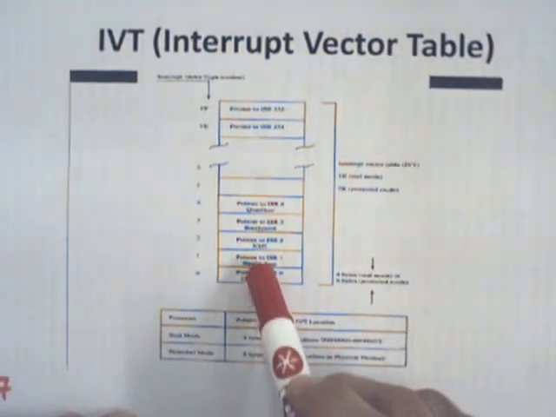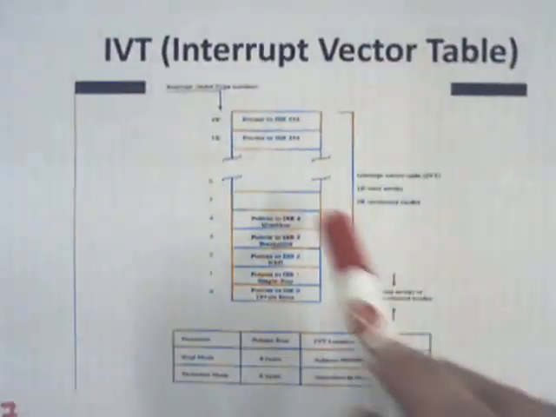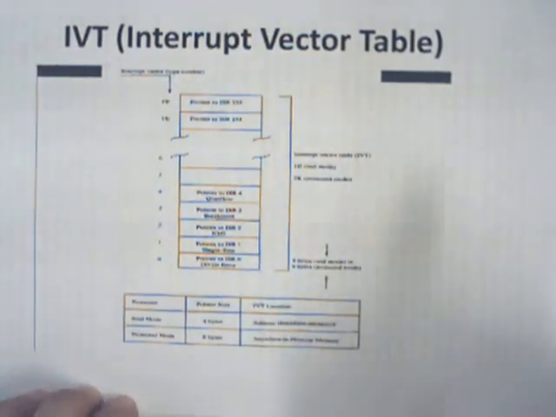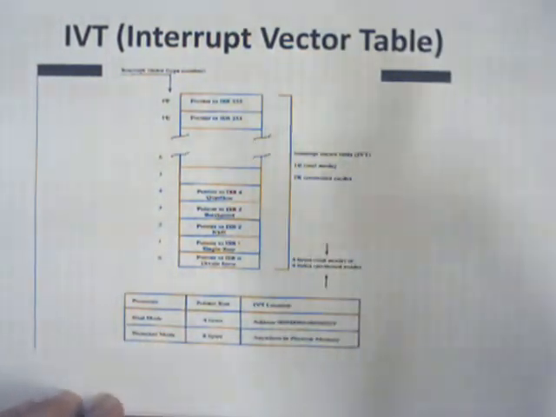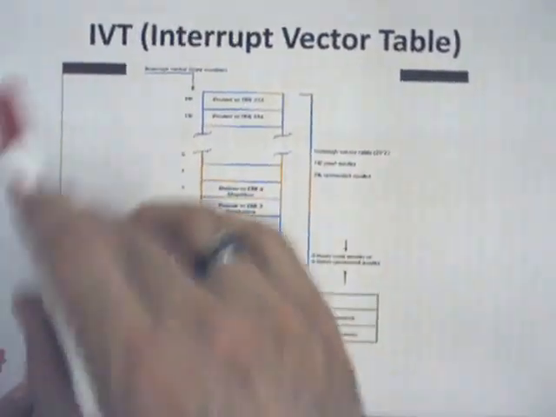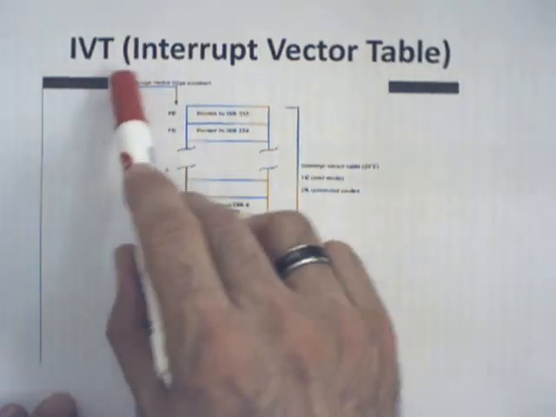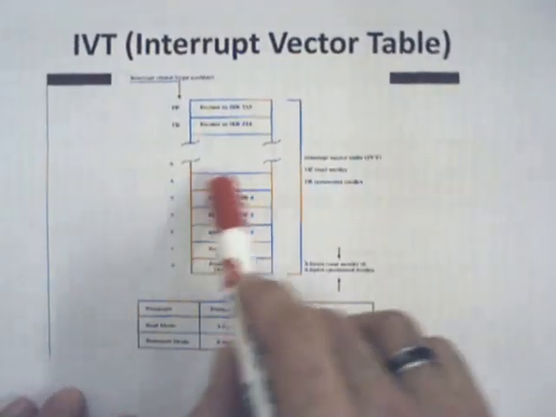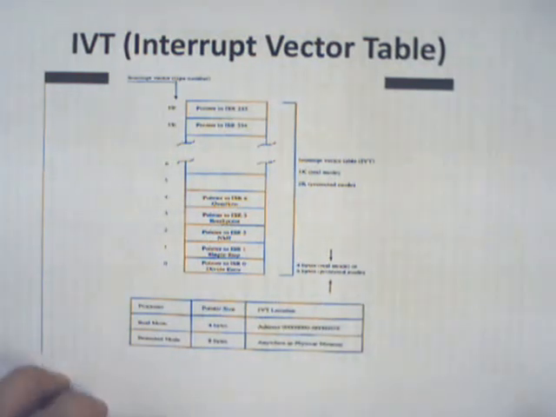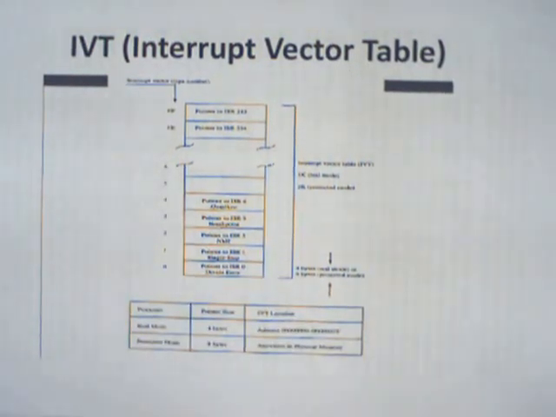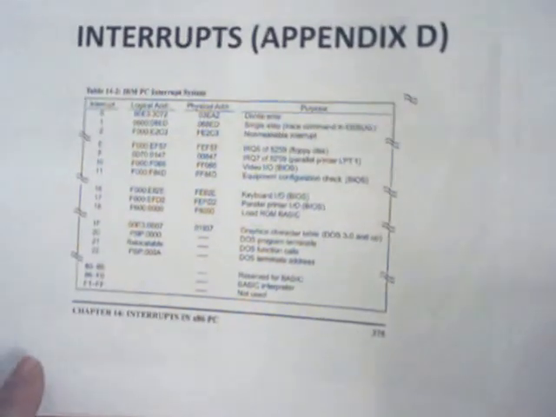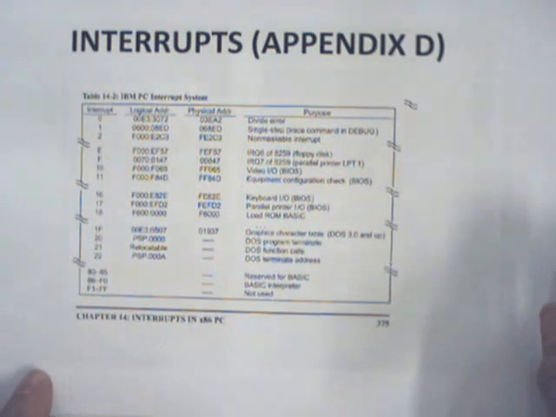Usually these are 4-byte numbers, and they also point to the service routine, which is stored in another part of the memory. So there's a kind of twofold nesting here: vector type number, pointers, and service routines. So these routines are executed. So it's a double nested subroutine. Interrupt is technically a double nested subroutine.